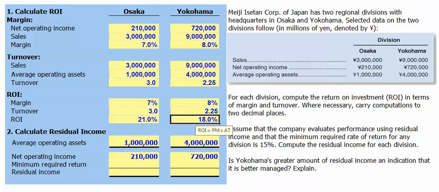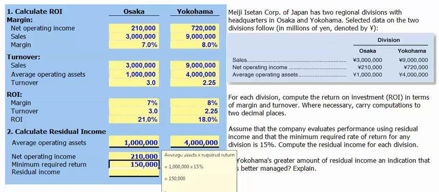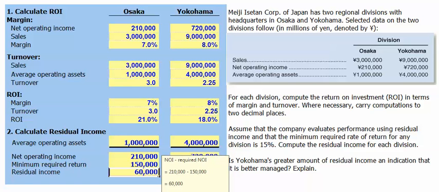Let's go ahead and calculate our residual income, which is our net operating income minus a minimum required yen return. For the Osaka division, our minimum required return is 150,000 yen. That's the 1 million yen in average operating assets times our 15% required return, which means the residual income for the Osaka division is 60,000 yen.